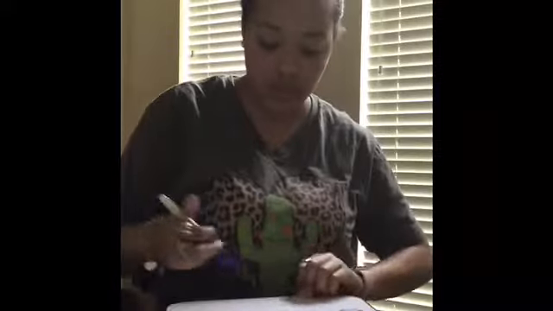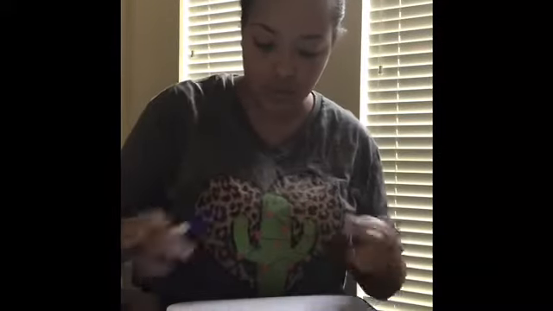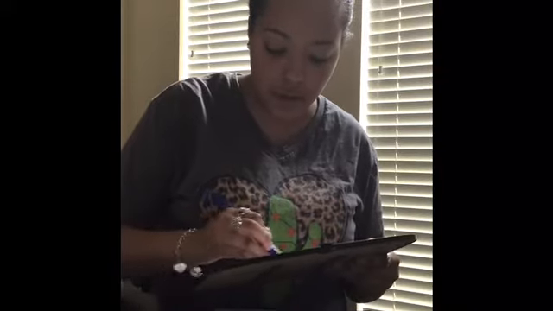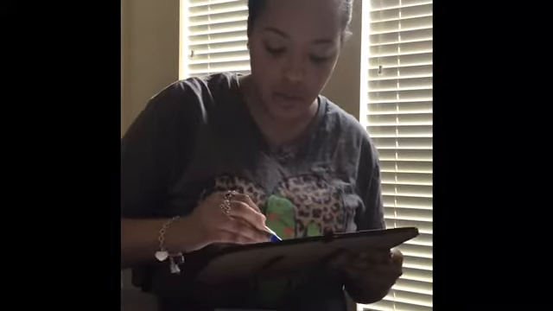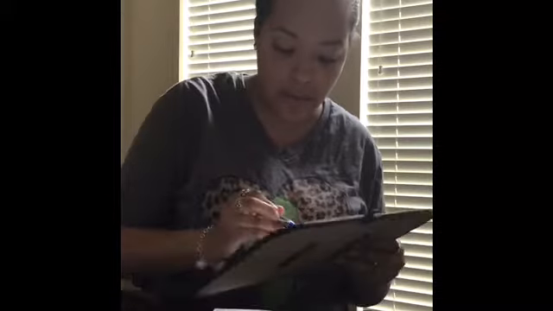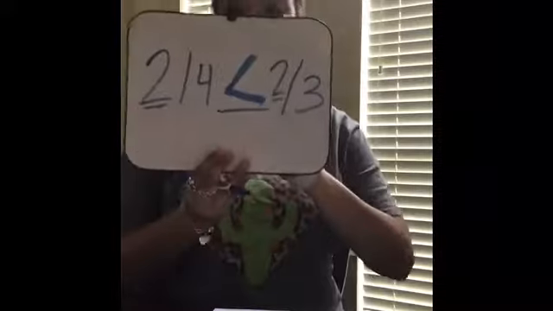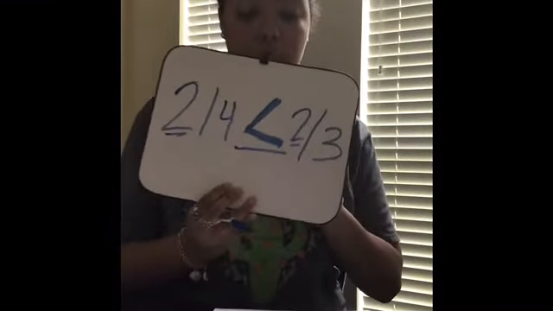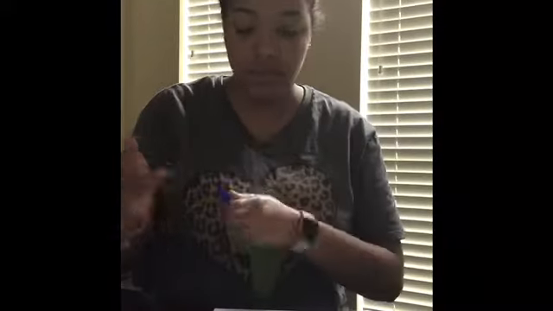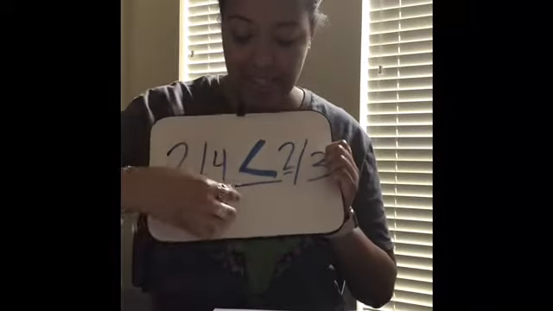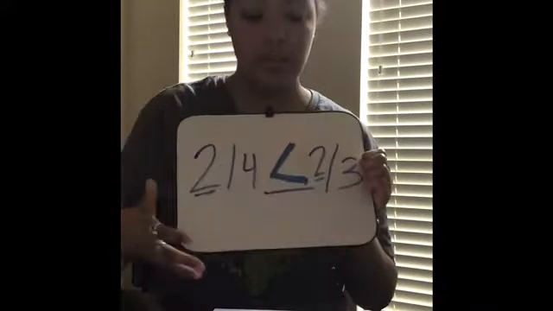So we said 2/3 is greater than 2/4. We want more food, so we have to have our mouth open to the larger fraction. Okay, so this is what yours should look like on your notes. And we also can read this as 2/4 is less than 2/3. Okay.